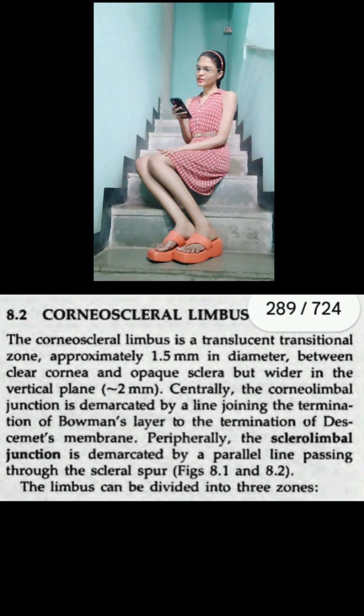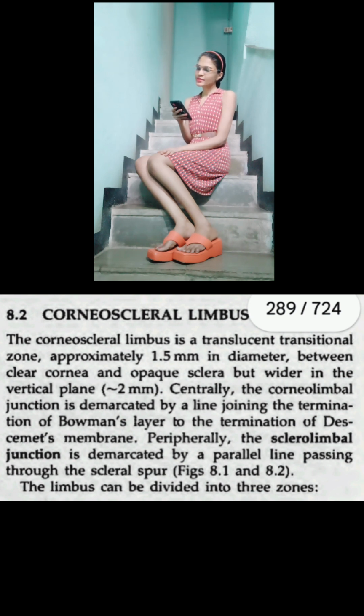Centrally, the corneolimbal junction is demarcated by a line joining the termination of Bowman's layer to the termination of Descemet's membrane. Peripherally, the sclerolimbal junction is demarcated by a parallel line passing through the scleral spur.